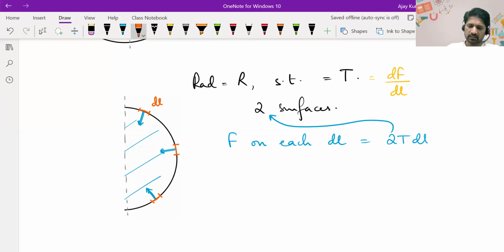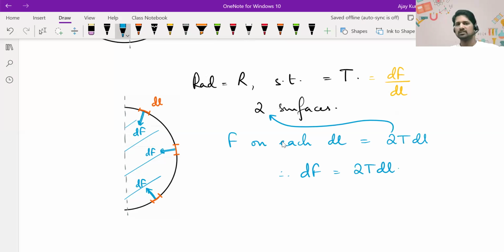Try to derive the magnitude, all of you. Let's call these forces dF each. dF is 2T dl because there are two surfaces. Derive the net force due to surface tension acting on one semicircle. I'll give you all 2 minutes. Try.